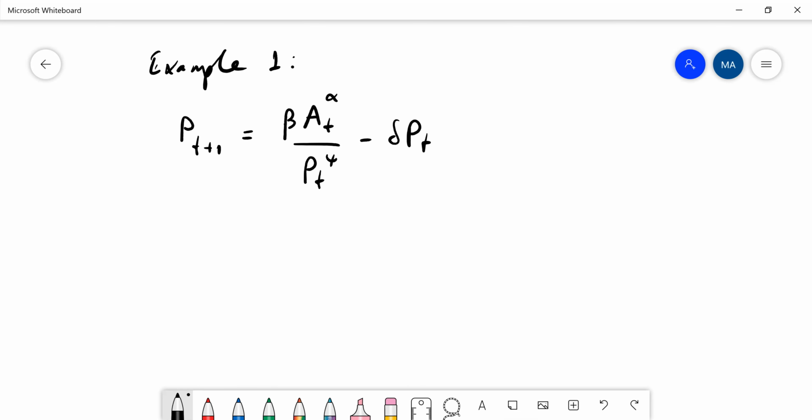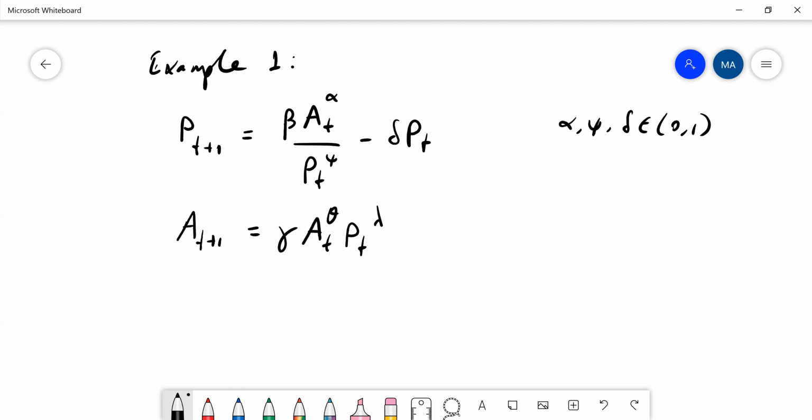I will define the variables in a moment. And let's suppose that At+1 is equal to gamma At^theta Pt^lambda. We may suppose that alpha, psi, and delta are between 0 and 1, beta greater than 0, gamma greater than 0, and theta, lambda between 0 and 1.